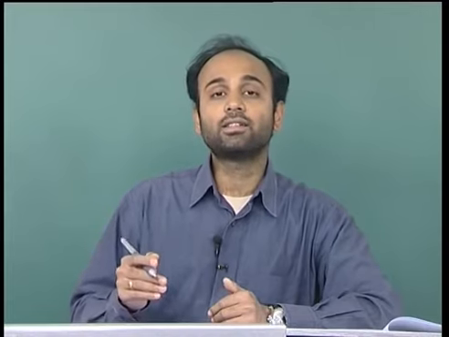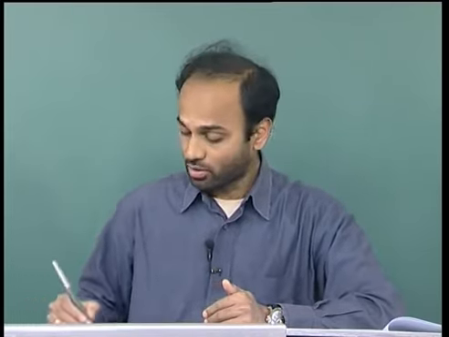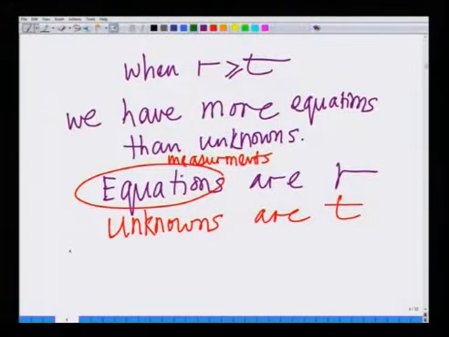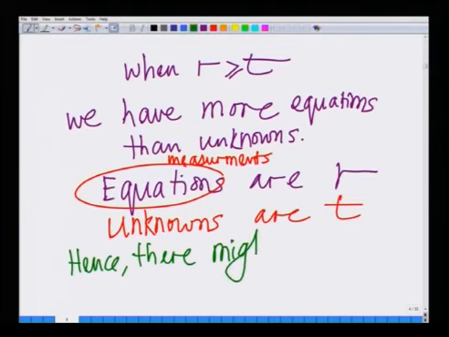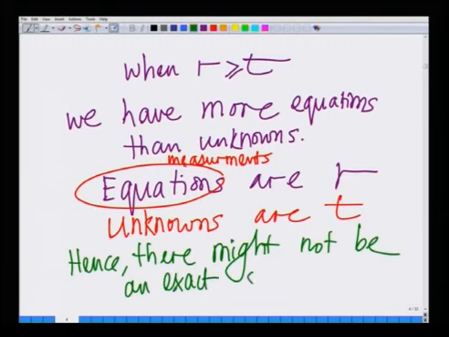So, we have R measurements, but we have only T unknowns, that is, there are T unknowns at the T transmit antennas, hence we have more equations than unknowns, hence this system might not have an exact solution. Hence, there might not be an exact solution.